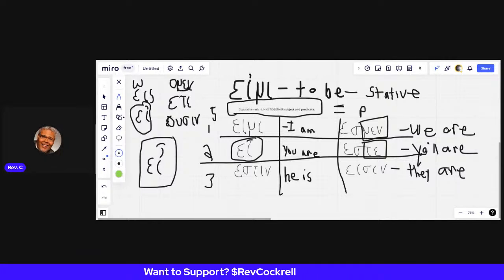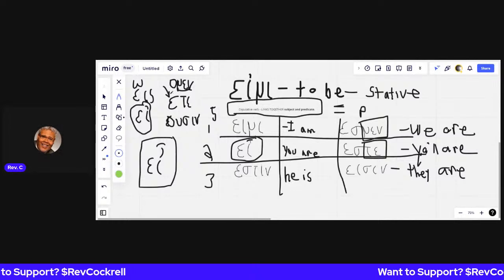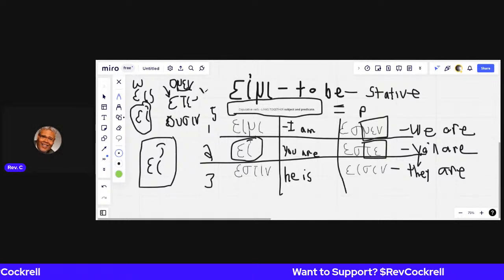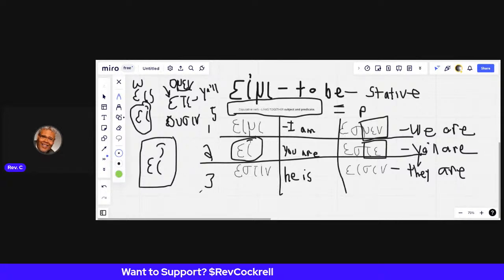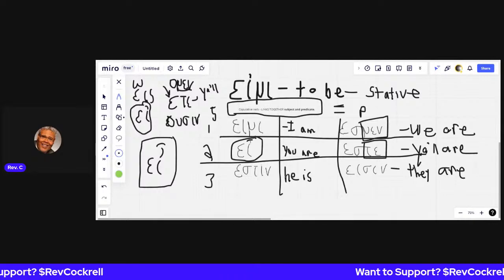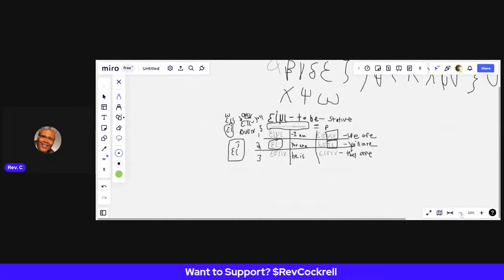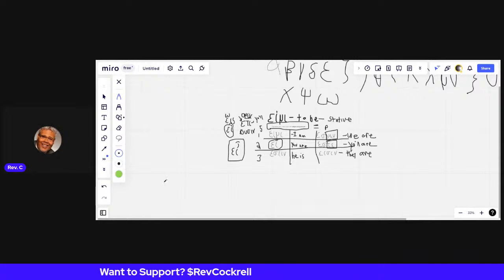Te, no matter what vowel is here, always going to be y'all. You plural. Always going to be y'all. Now, let's practice something here. Let's look at this.